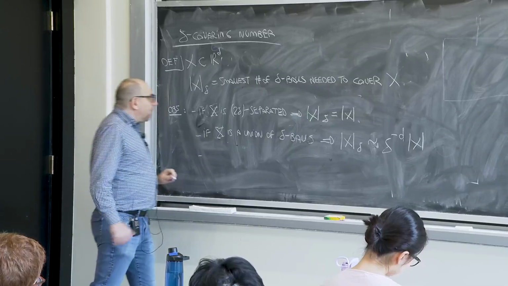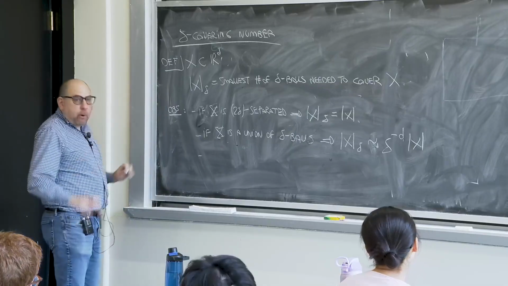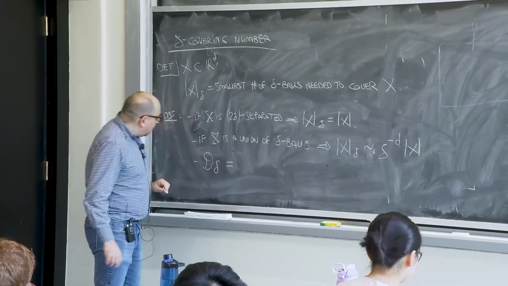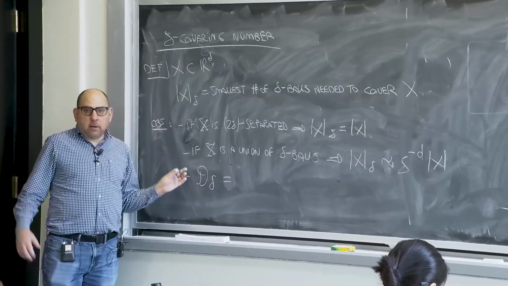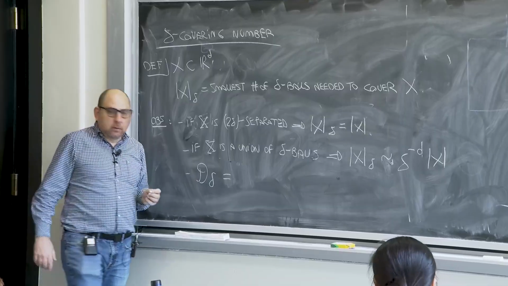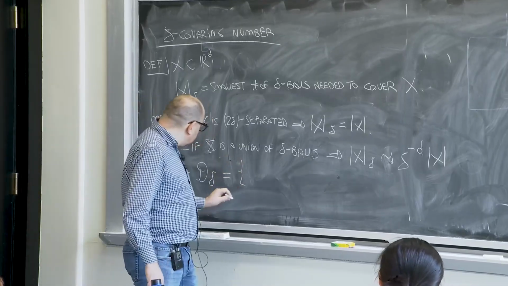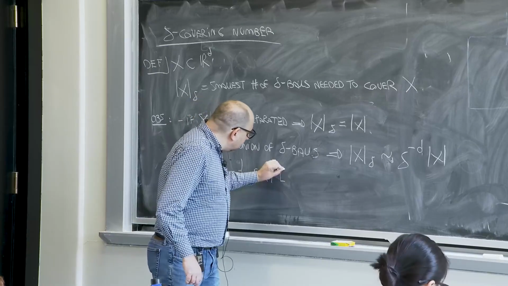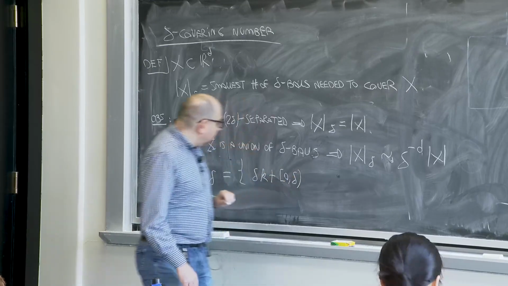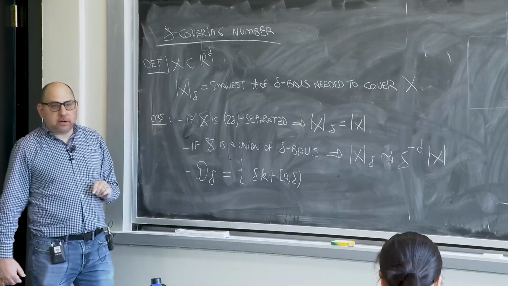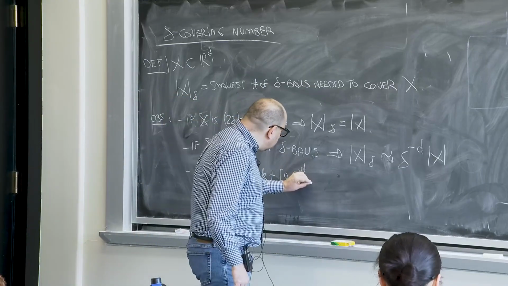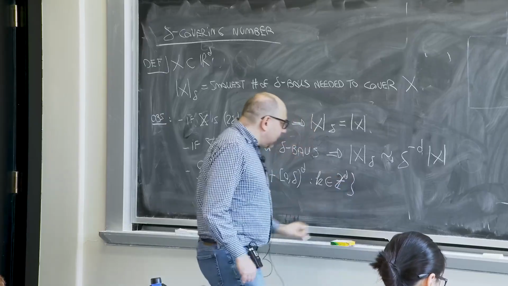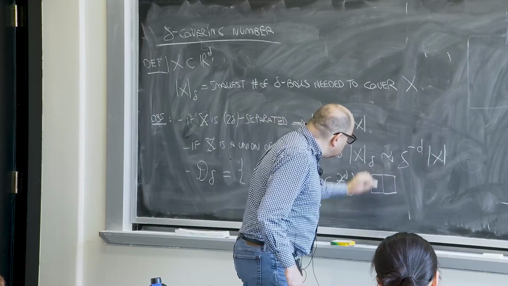Another way of thinking about the delta covering number is as a box counting number. Let the delta be the covering of R^d by delta cubes, that is, delta k plus [0, delta)^d. Maybe let's make it half open so that this is a partition, where k is in Z^d. So I'm just doing a dyadic covering.